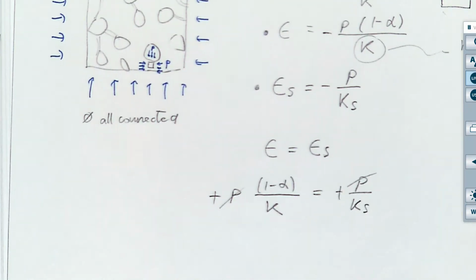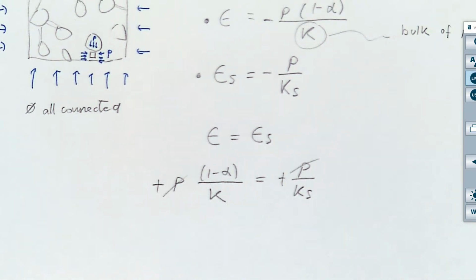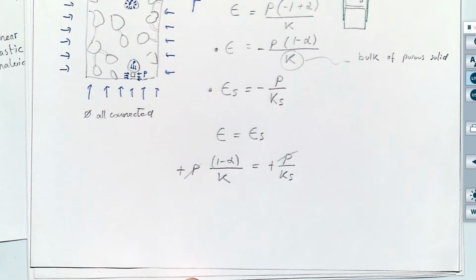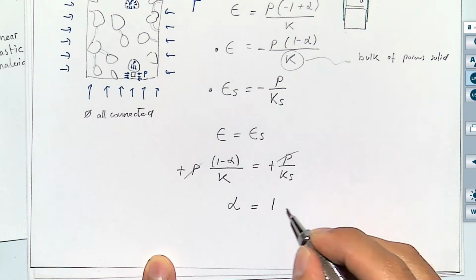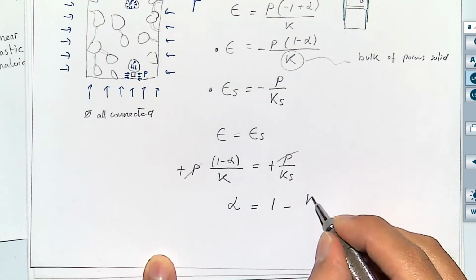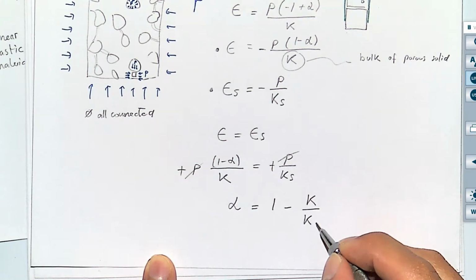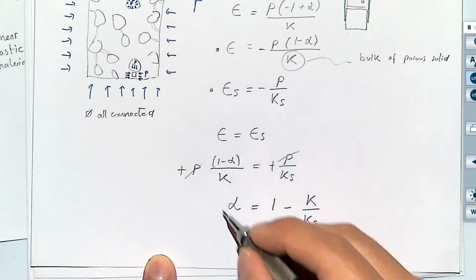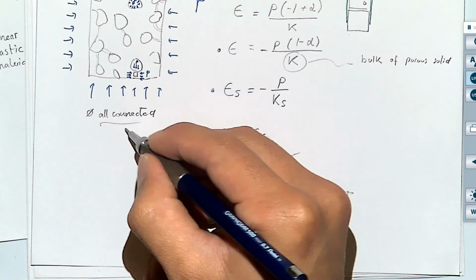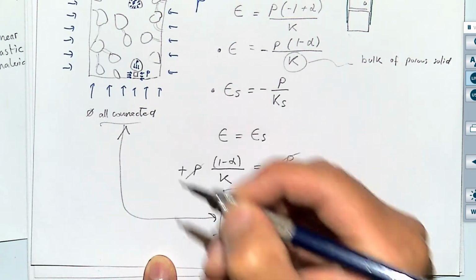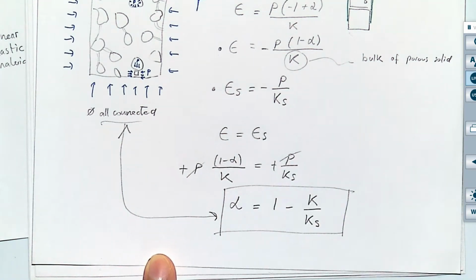And from this equation, if I solve for alpha, the result is going to be that alpha is going to be equal to 1 minus K over Ks, where I'm assuming that all the porosity is connected.